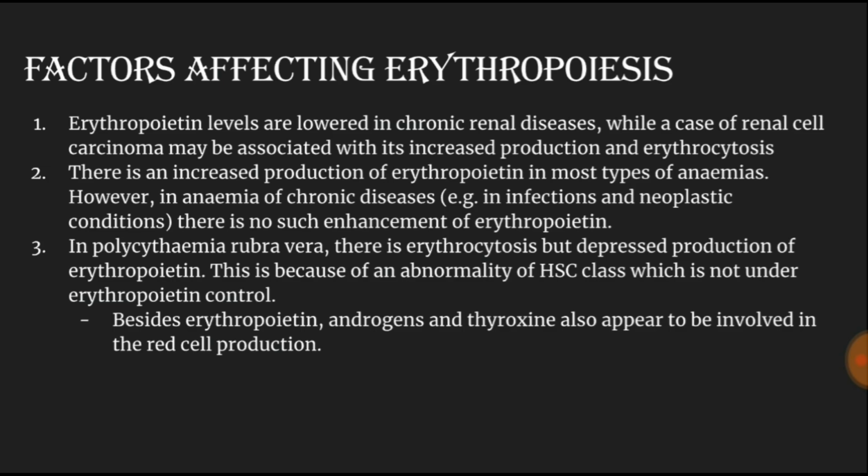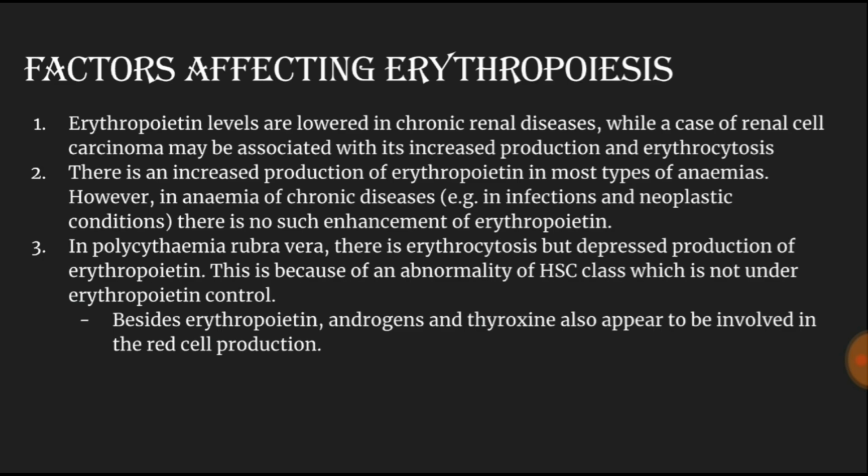The anemias of chronic diseases lead to increased production of erythropoietin. The anemia could be chronic in case of infection and neoplastic conditions, that is, an infection as well as a cancerous or growing cause of anemia. So there is increased production of erythropoietin.